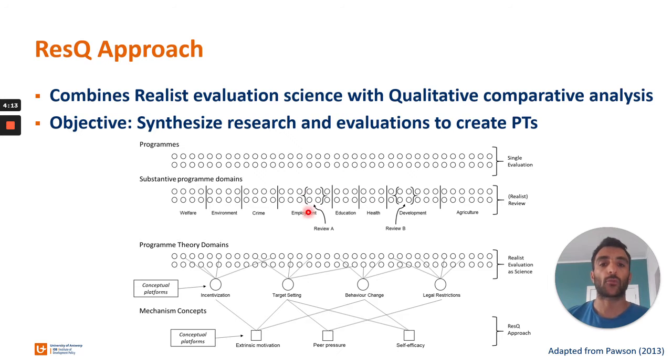For example, here we have review A, reviewing evaluations or studies on an intervention within the employment sector. Here we have review B in the development sector.